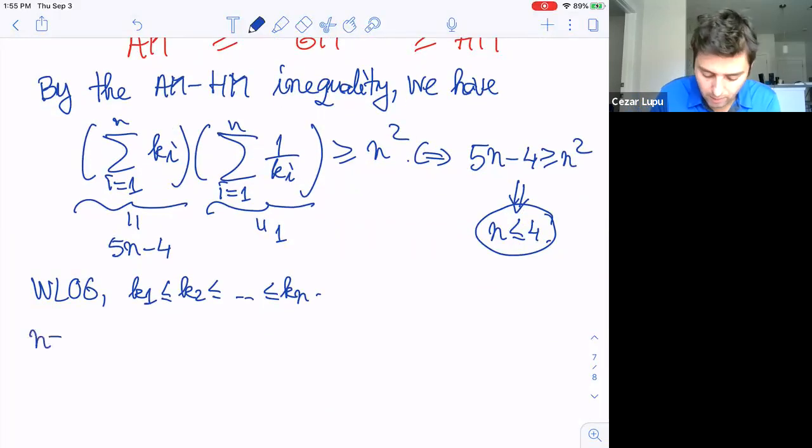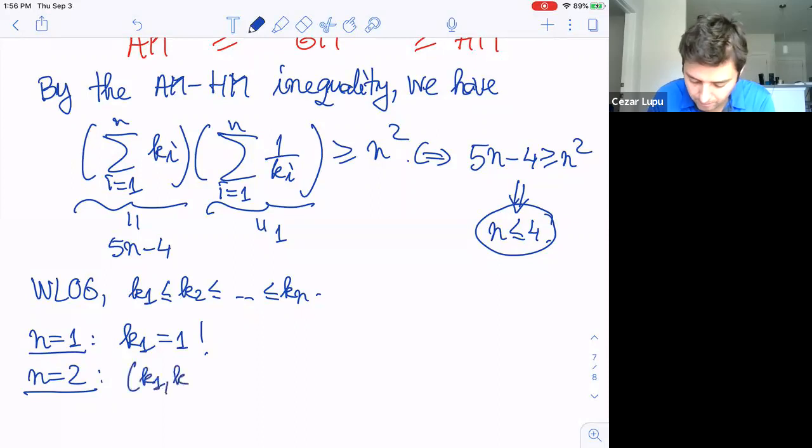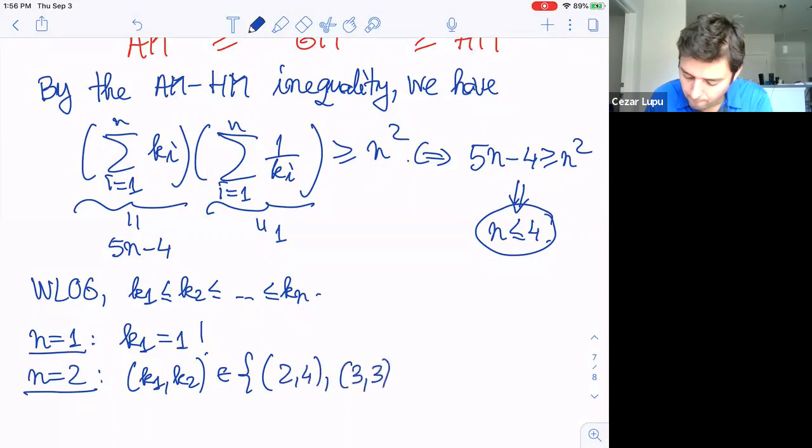For n equals 1, you can take k1 to be 1, and we're going to exclude this case for n equals 2 and so on. For n equals 2, it's easy to see that the only options are 2, 4 and 3, 3. And neither of them work.